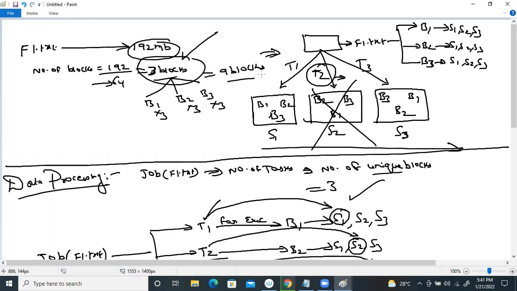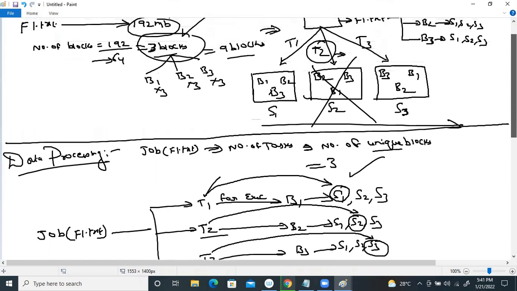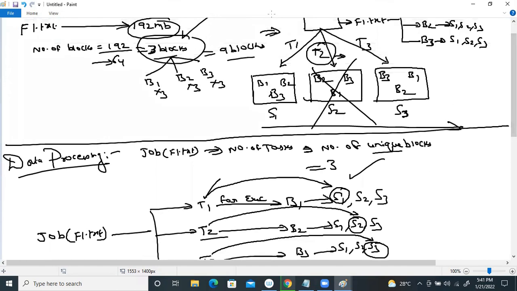So here we have 4 steps of criteria followed. Once again, just observe.